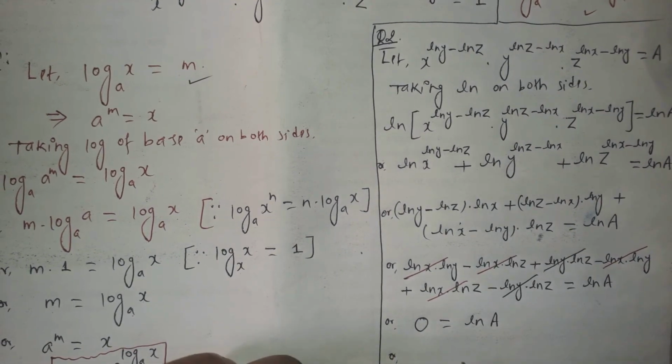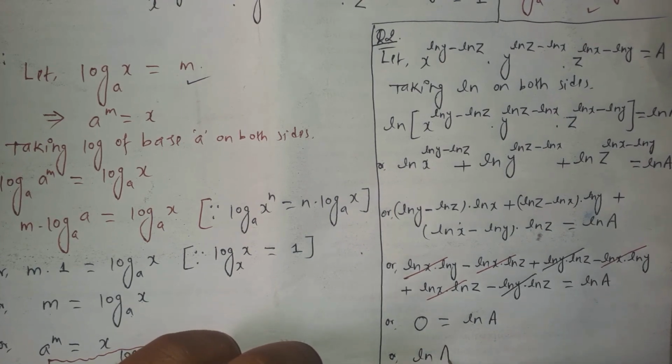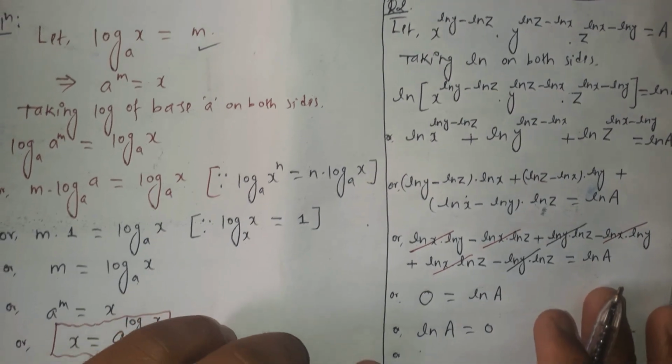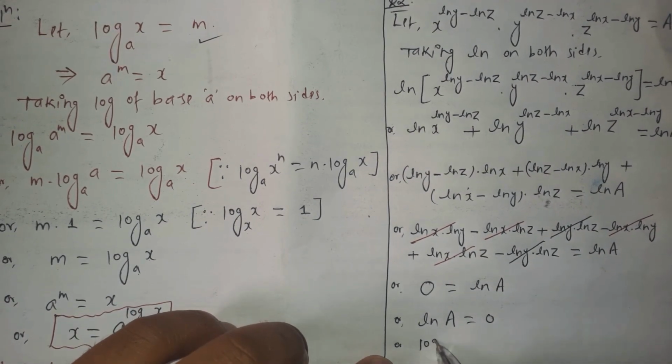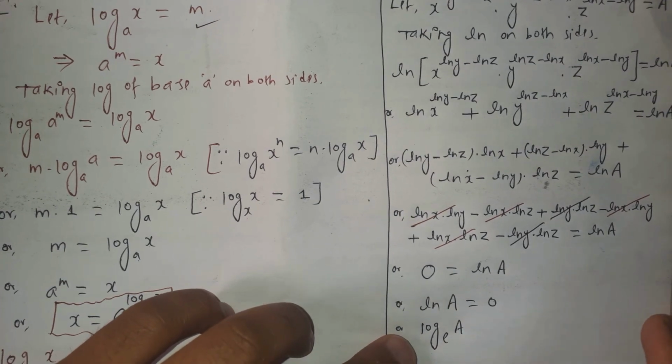This can be further simplified as ln of a is equal to 0, where ln is the log with base e, the natural log.